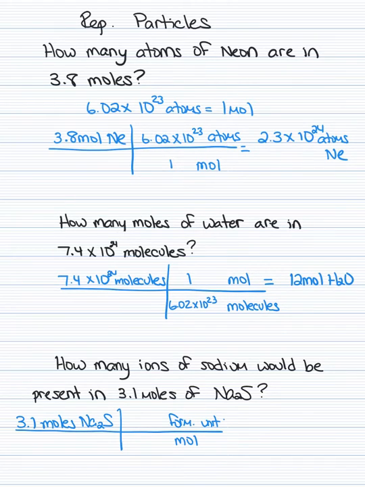And you're going to formula units because this is an ionic compound. And we know there are 6.02 times 10 to the 23rd formula units in 1 mole by using our mole map.